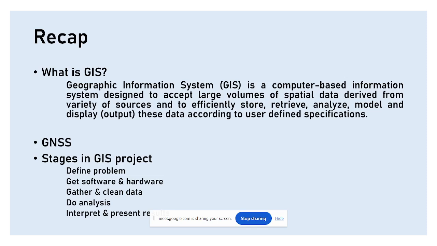Before going into the week two part, since it has been more than a week, I thought it would be better if we have a small recap of the things that we had discussed. We had discussed what a GIS is, that is Geographic Information System. The definition given was that it is a computer-based information system designed to accept large volumes of spatial data derived from a variety of sources and to efficiently store, retrieve, analyze, model, and display these data according to user-defined specifications.